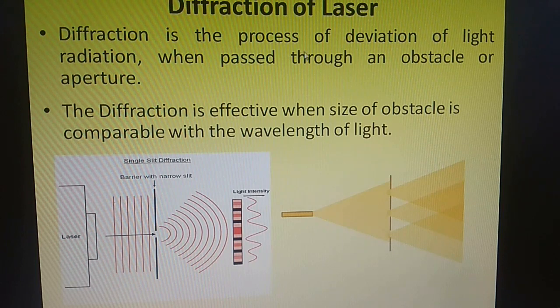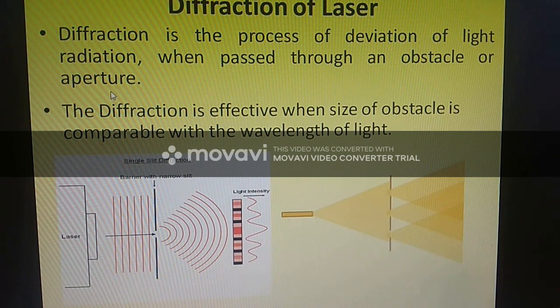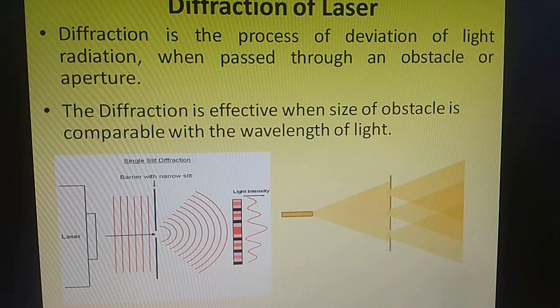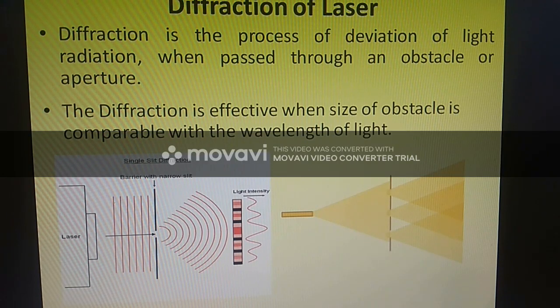Diffraction is the process of deviation of light radiation when it passes through an obstacle or aperture. You already know that if you pass light through the sharp edge of the head of a pin, the light is bent or scattered in all directions.